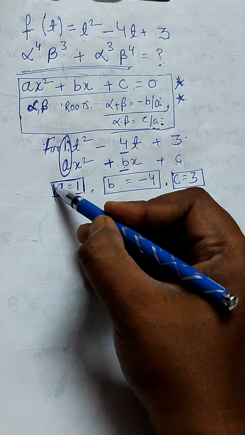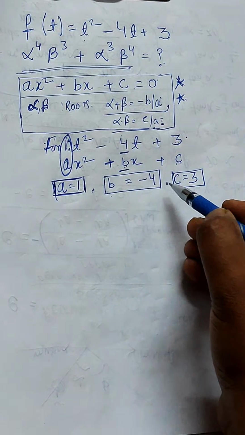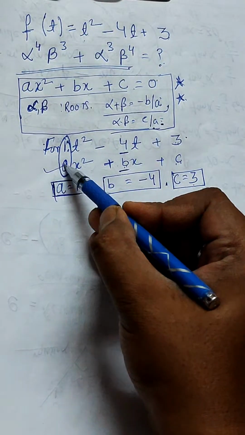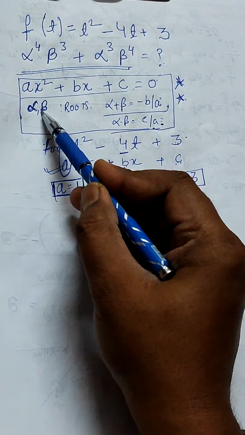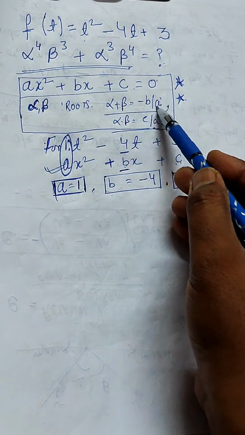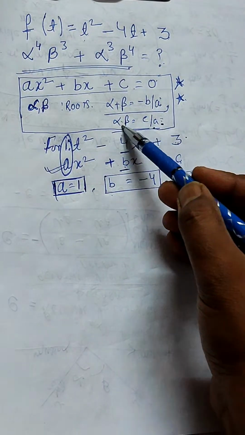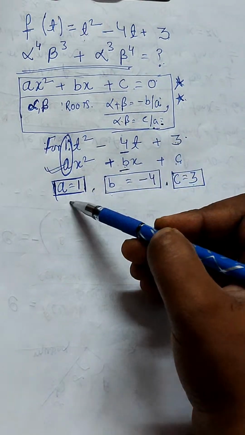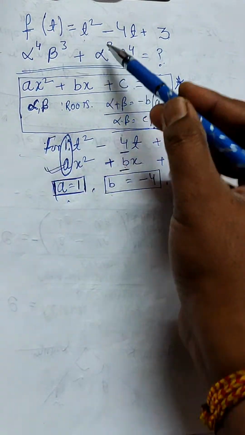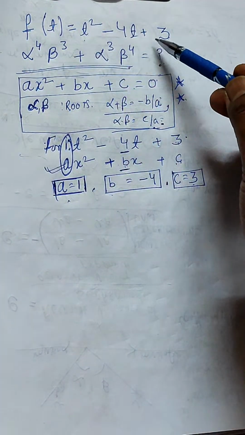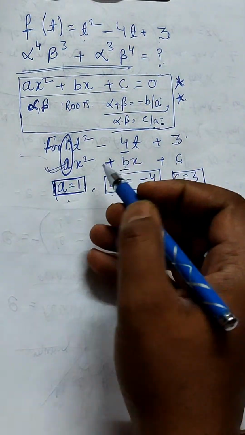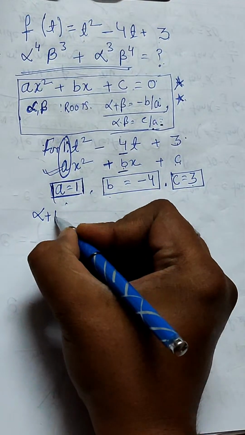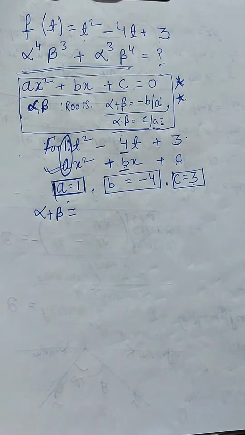Now since a equal to 1, b equal to minus 4, c equal to 3, if alpha and beta are the roots, the sum of the roots is minus b by a, and the product of the roots is c by a. Then for the given quadratic equation t square minus 4t plus 3, the sum of the roots alpha plus beta will be equal to how much?